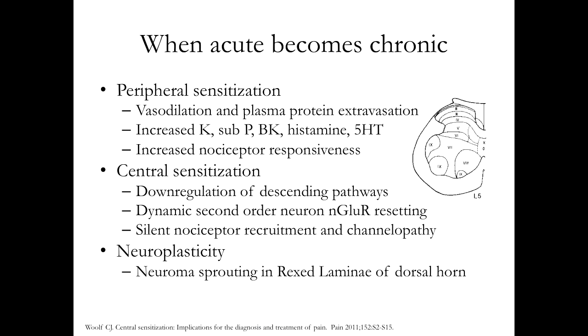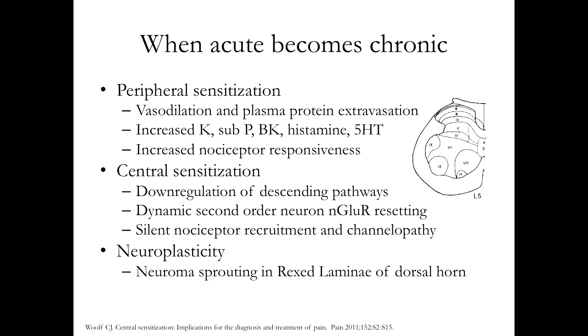Central sensitization, on the other hand, are similar type processes that occur in the CNS, and there can be all kinds of things that go into this. You can have downregulation of descending anti-pain pathways, and if you think of pain as being an on and an off switch, central sensitization can lead to a faulty off switch.